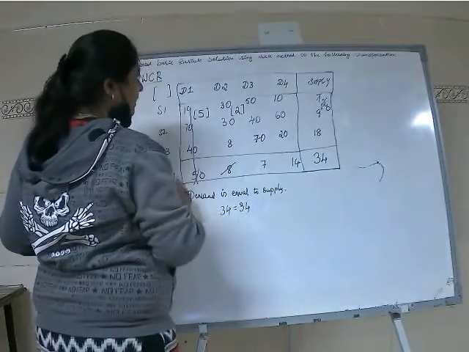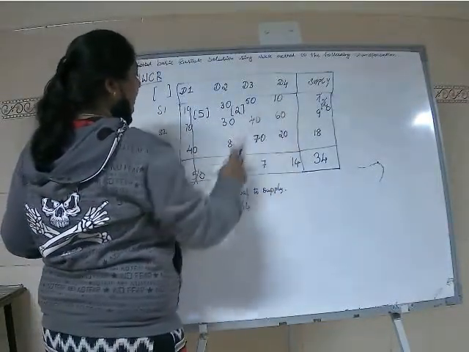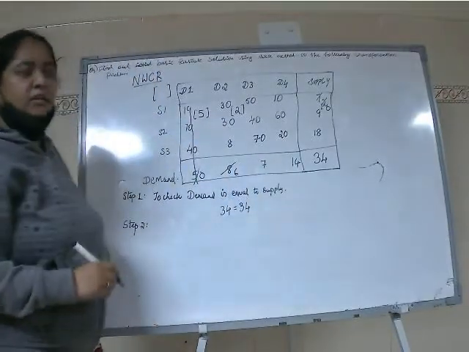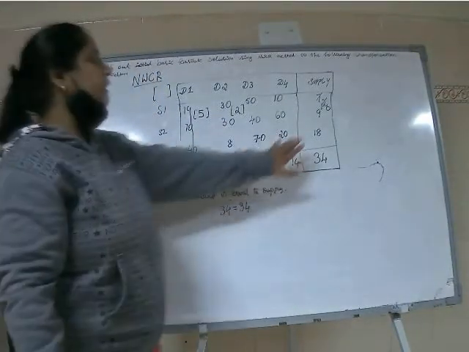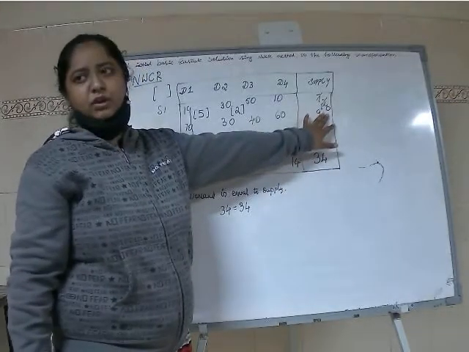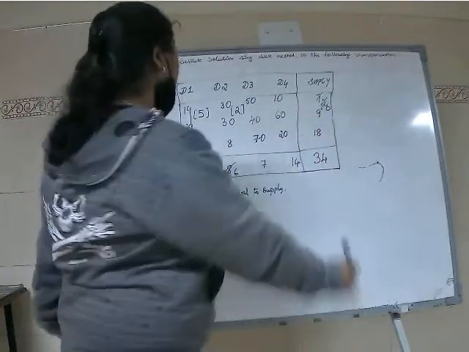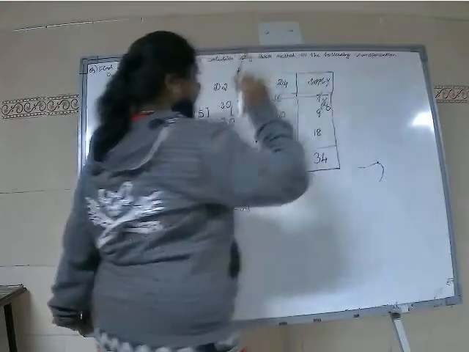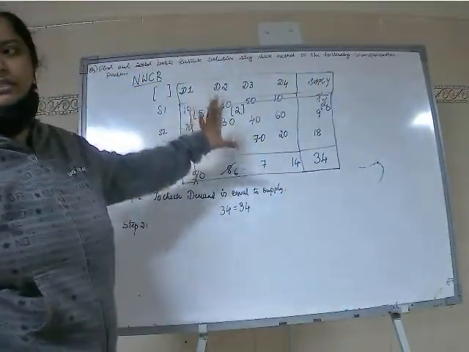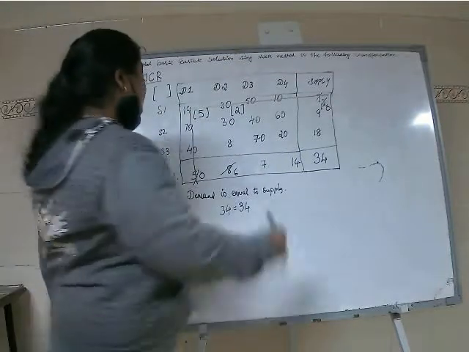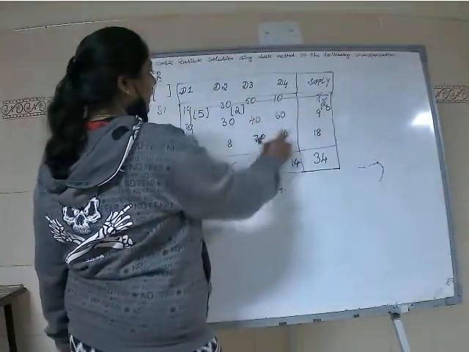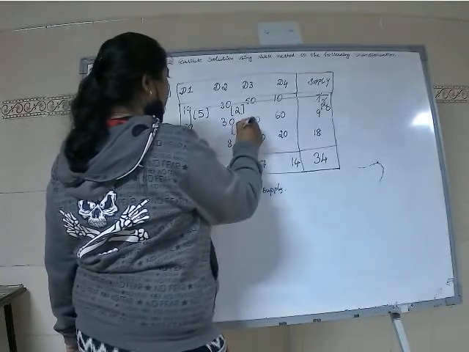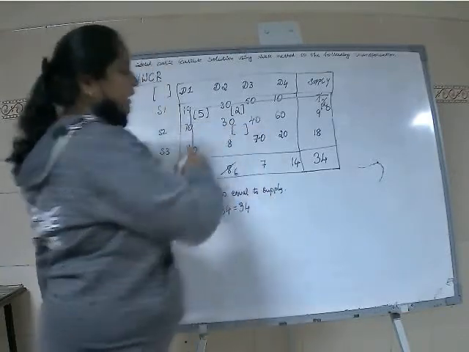Then here, that is 8 minus 2 will become 6. Because the supply has become 0, I am going to strike this row. Done. You are not going to consider the row again. The next remaining 6 values, among them the north and the west value is the next 30.